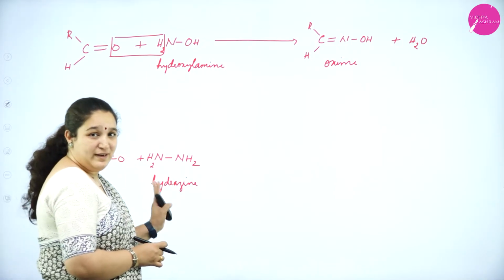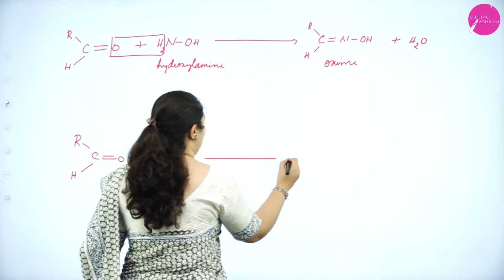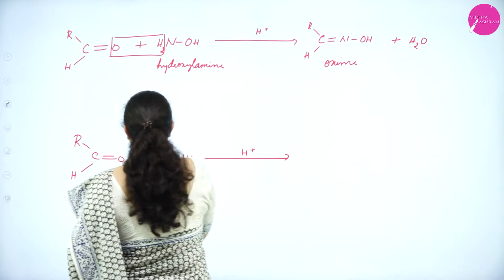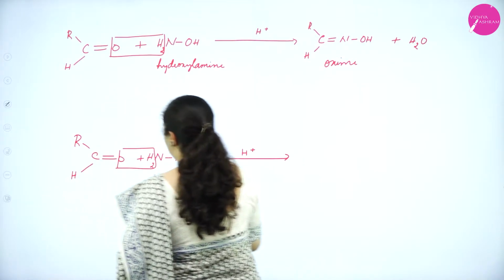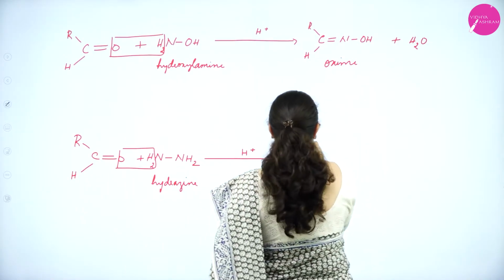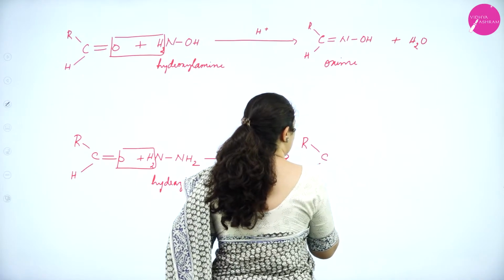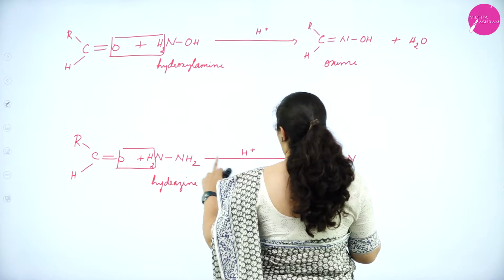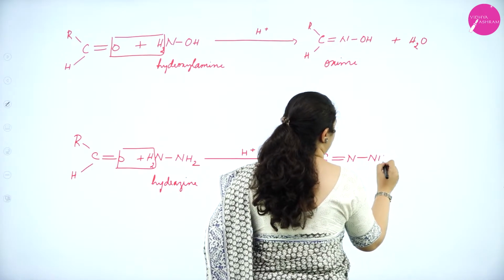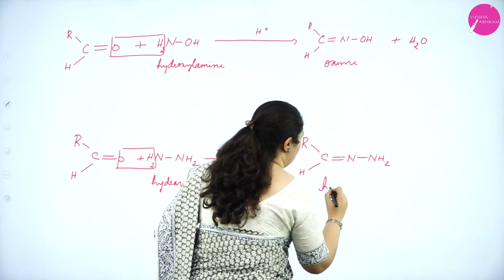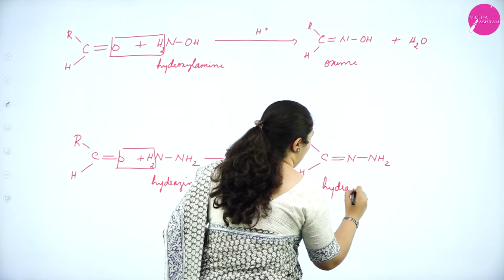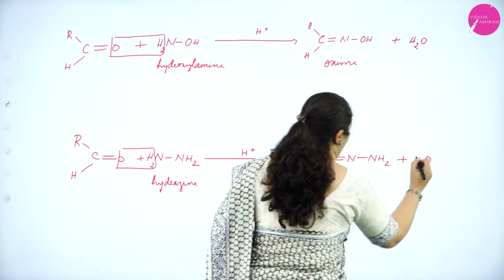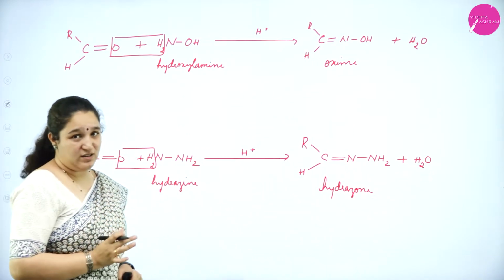So, when it reacts with hydrazine, of course, in the presence of acid, you need to write that there is removal of what? Water molecule, and the product formed will be RCH double bond N, then NH2. This is hydrazone which is formed, okay? So these are the general reactions.